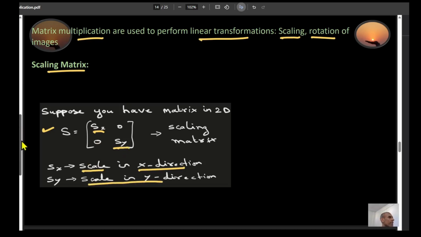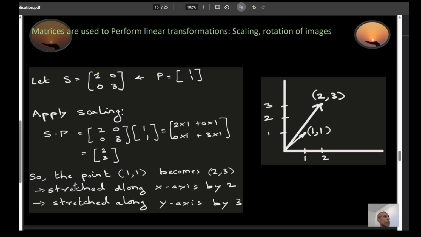So what do you mean by this scaling? Let's take a look at an example. Suppose this is my matrix S, 2, 3, and this is a point, 1, 1. This is my point P. If I take this point P and multiply by matrix S, using matrix multiplication, this will give you this answer. So your point 1, 1 has transformed to 2, 3.